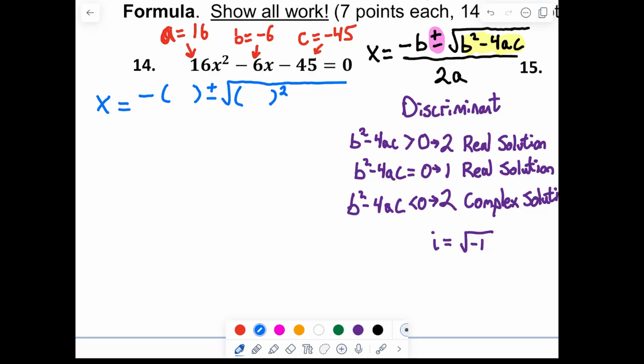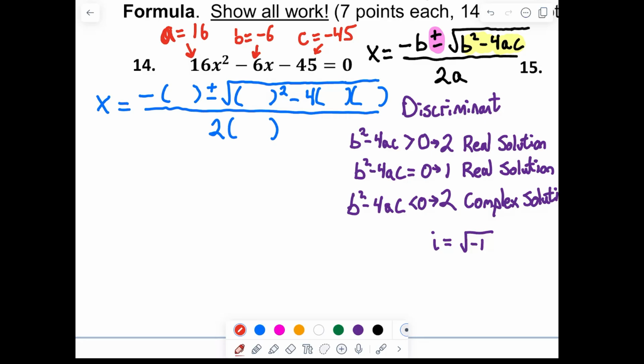Once I've identified those, I want to plug those into the quadratic formula. So this first step, and don't skip this first step whenever plugging into a formula, is to rewrite your formula, and anywhere that you have a letter, put a set of parentheses.